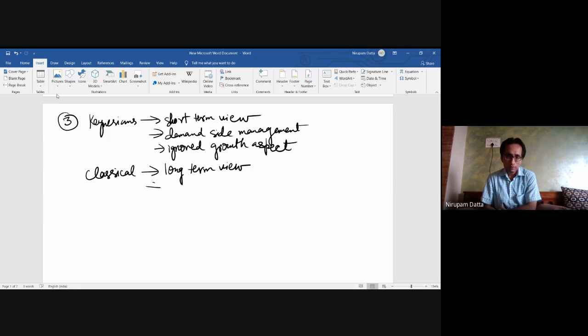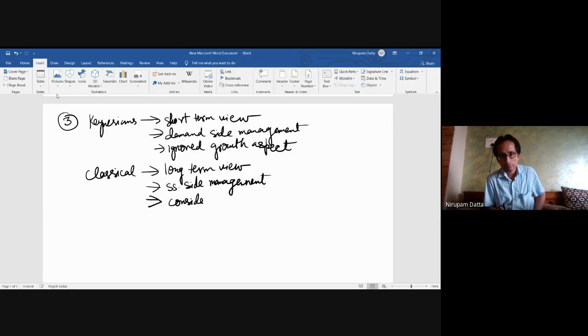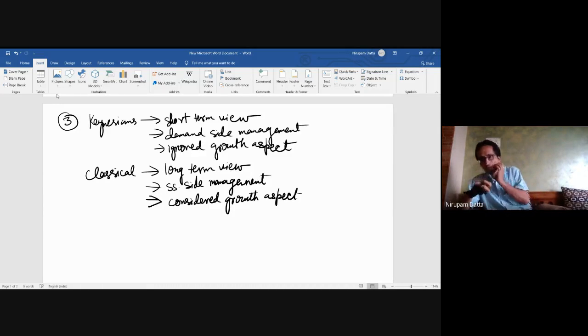So they were concerned with supply side management, and hence, maybe not directly but indirectly, they considered the growth aspect. The classical theorists believed that if you consistently increase the total availability of goods and services in the economy, that will lead to maximum social welfare.